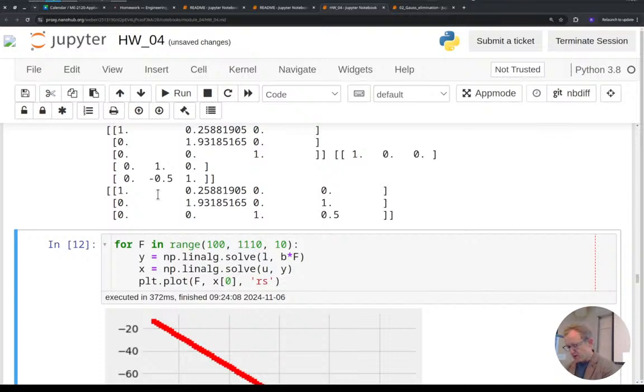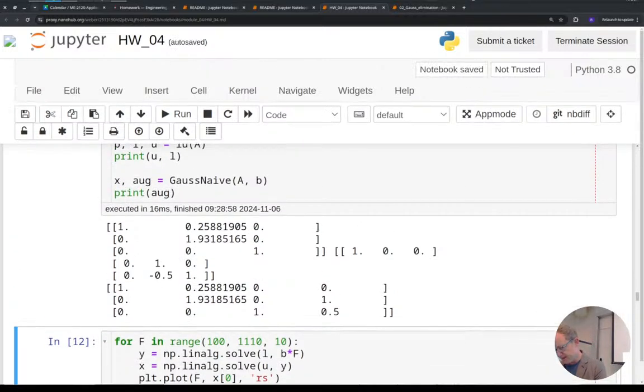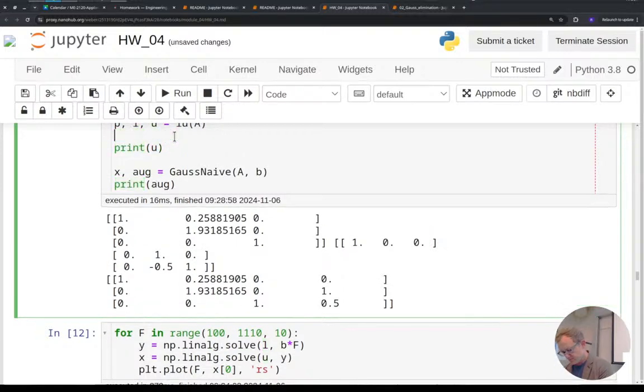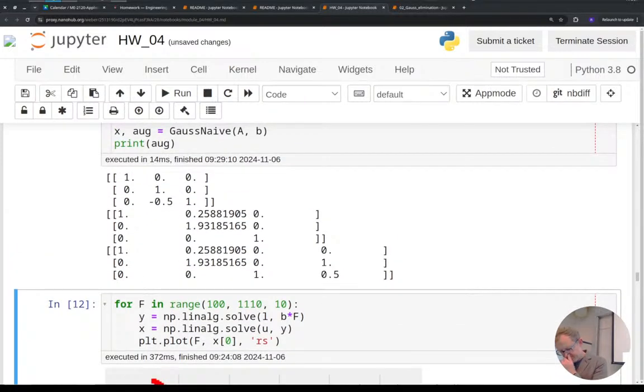That looks kind of ugly, but if you were to multiply them together, you would get A. Yeah, so L times U is going to be A. Okay. Thank you.